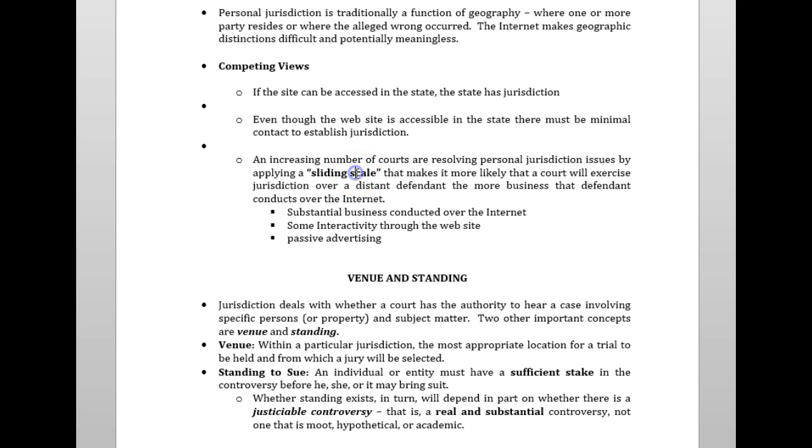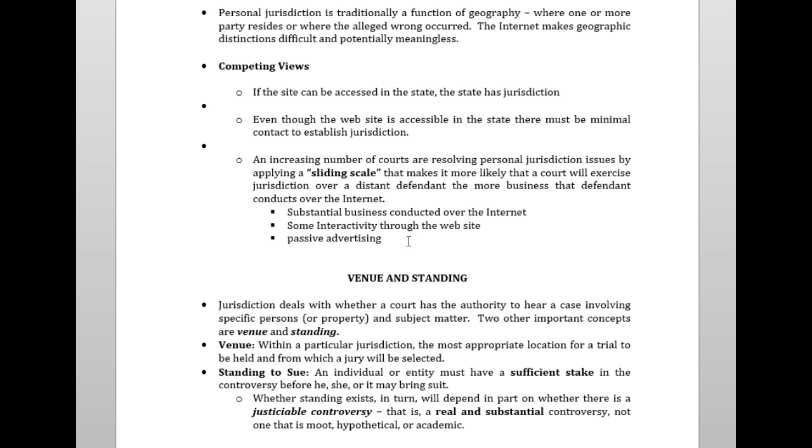and this is being used more and more often, is a sliding scale. First of all, if the business does substantial business over the internet, I mean if they do a majority of their business over the internet, then yes, they may be able to be sued from a different location. If there's only some interactivity between the website and within the website, it's sort of a judgment call at that point.